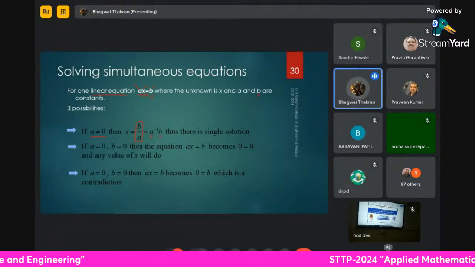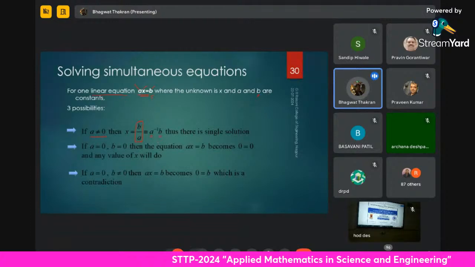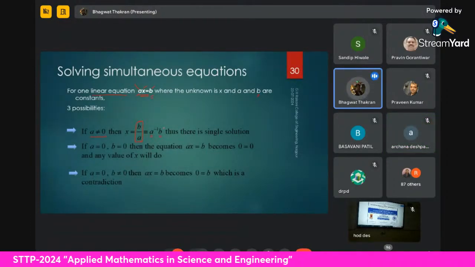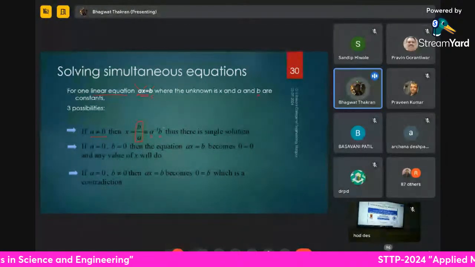Because A is on the left hand side, your A inverse should always remain on the left side. Thus, it gives a single solution.